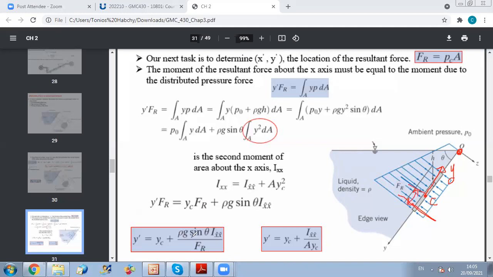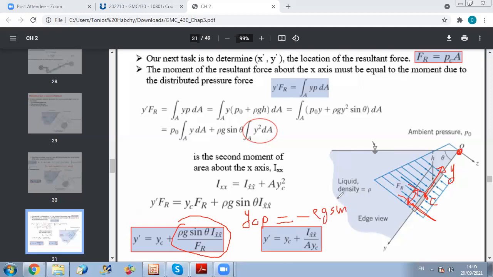It's minus just this term. So if you work in the frame centered at the centroid with y-axis upward, you will get exactly the same result. You will just have that y prime, the y of the center of pressure, is counted now from this level and y is positive upward, so here you will get minus rho g sine theta.